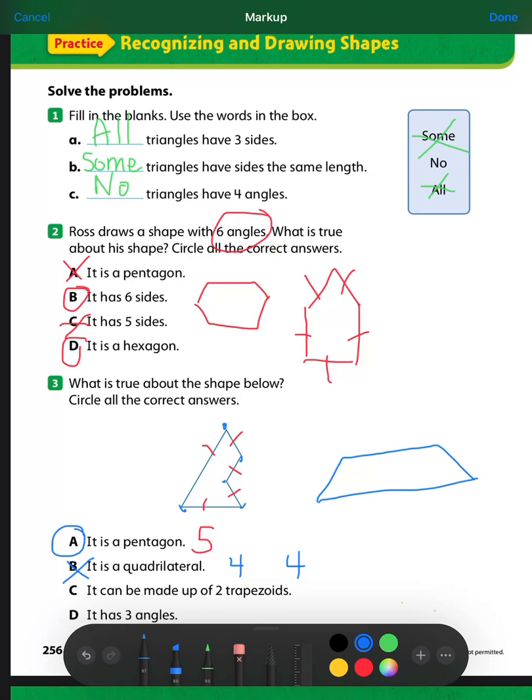If I draw a line right here, that gives us 1 trapezoid. But we know that the hexagon on the page before showed us that it can be made up of 2 trapezoids. So think about a way that you could make this have 2 trapezoids.